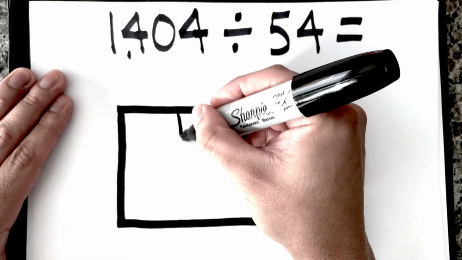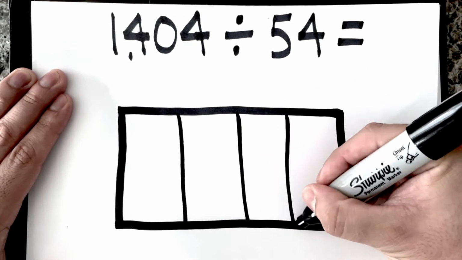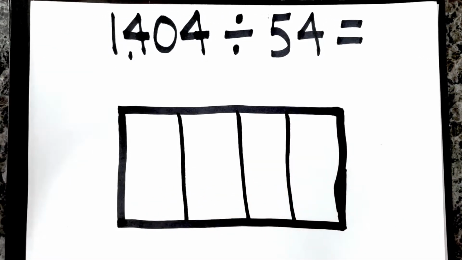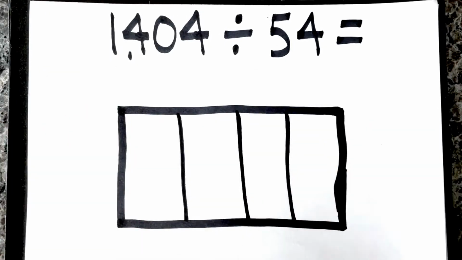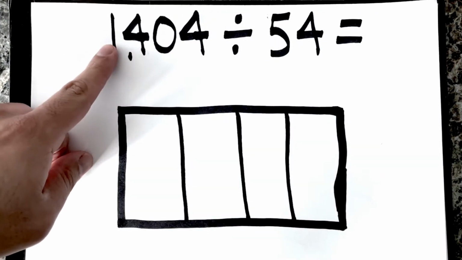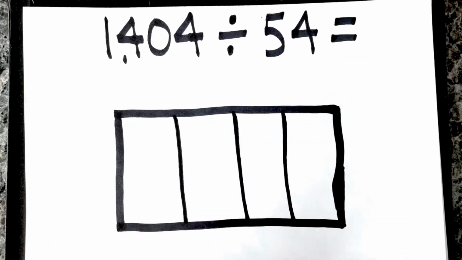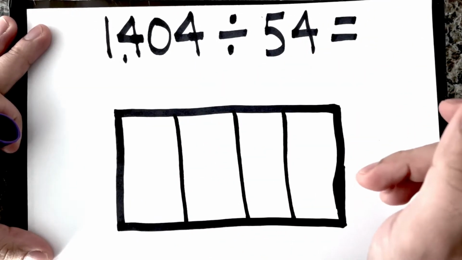I'm just gonna go 1, 2, 3, and now I have 4 parts here, just like so. There's our step one. We drew our box and we cut it into this many digits. Four digits, four boxes.